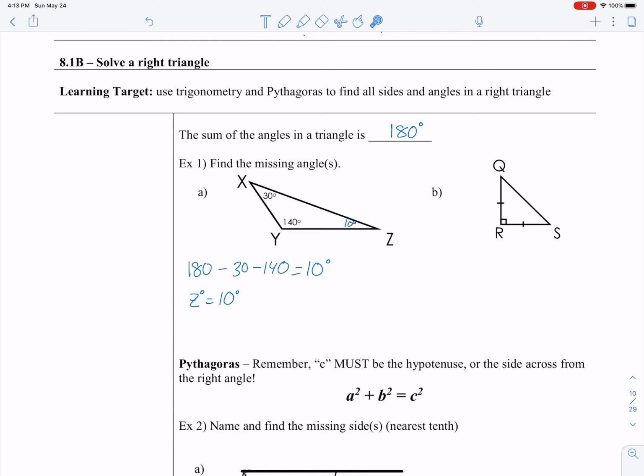This example over here, even though it doesn't have any numbers, we can actually find out what the angles are. We know that this symbol means 90 degrees.